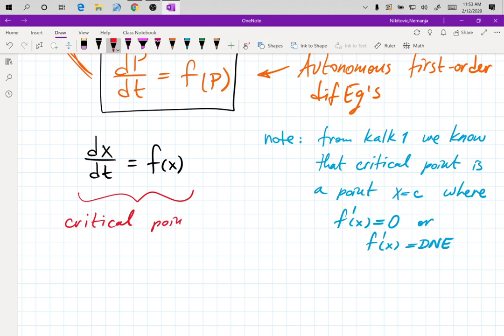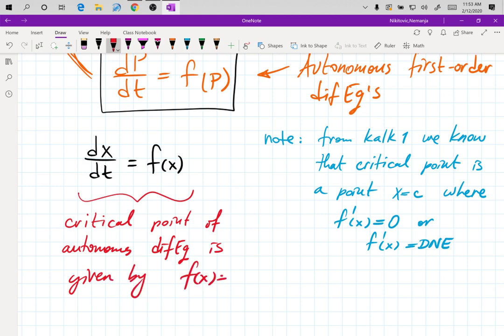Critical point of an autonomous DifEq is given by f of x equals 0, because that is equivalent to saying dx/dt equals 0, because there is an equal sign in between them.